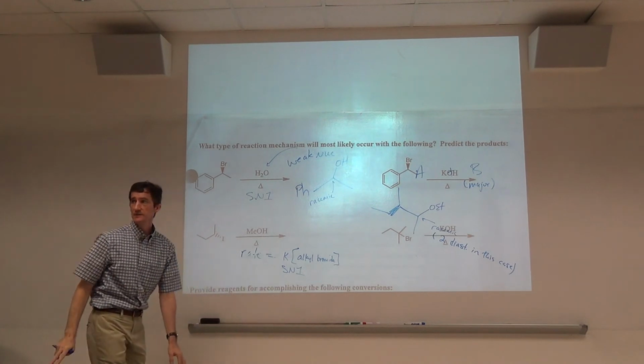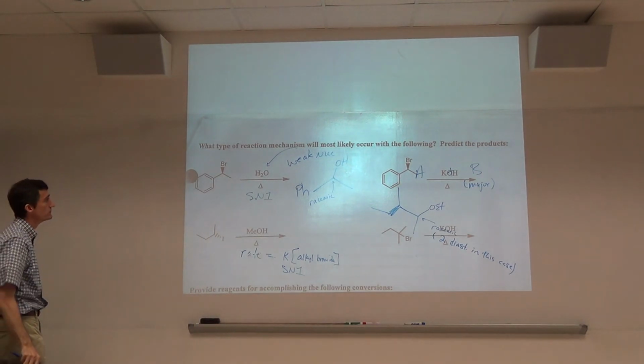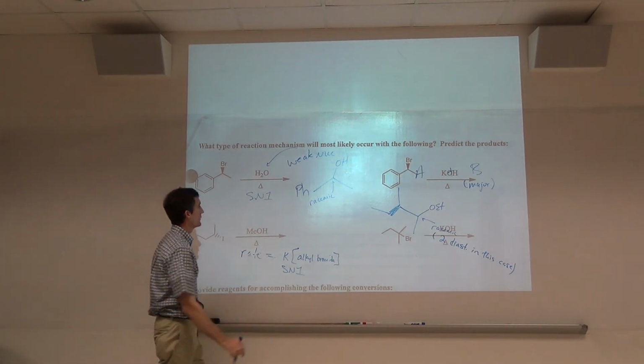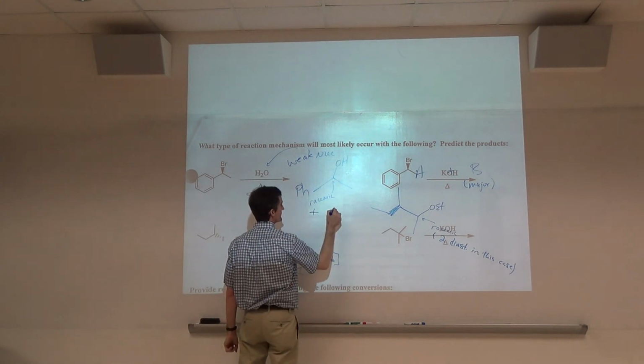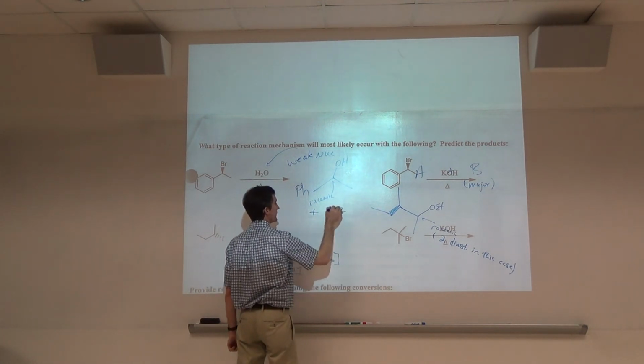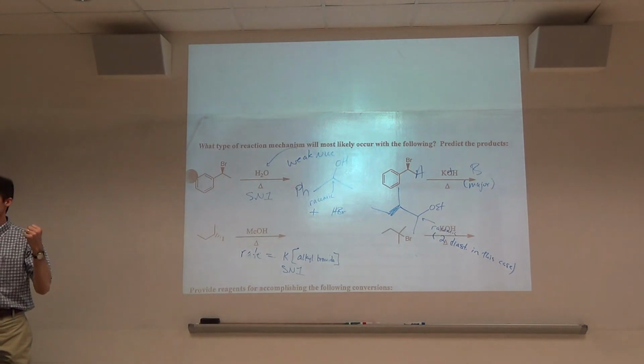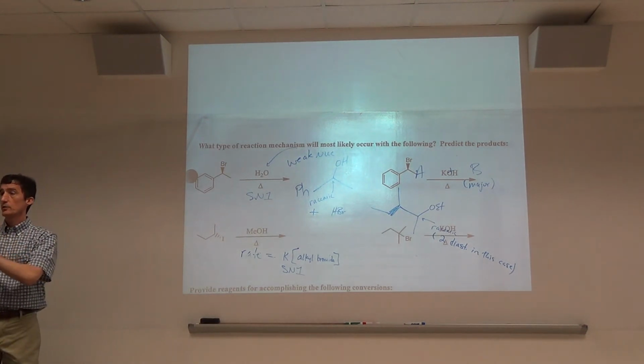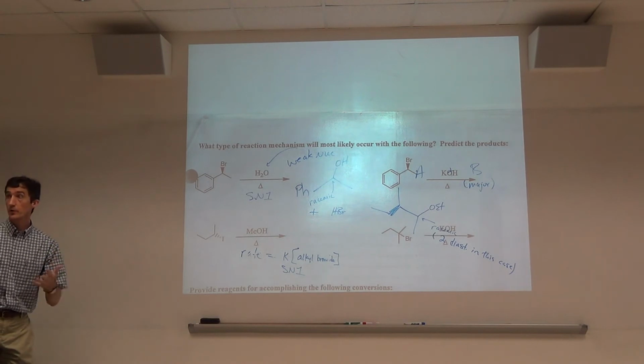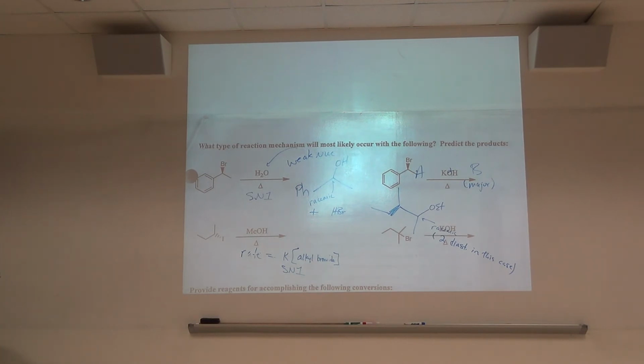It's going to be racemic. Plus what? What else is going to be formed here if we balance it? HBr. Racemic means I can draw it two different ways: the OH bold or the OH dashed. It's both R and S, because we have a carbocation intermediate.